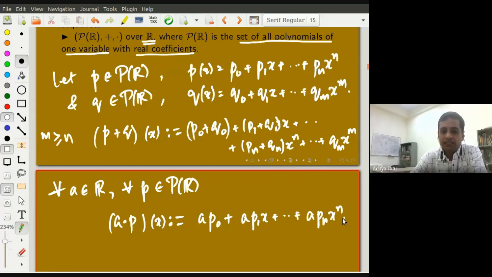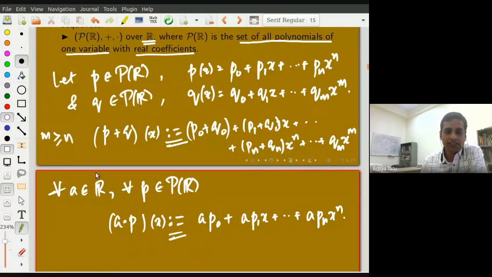So I hope this notation is clear to everyone. This notation means whatever is on the left is being defined according to whatever is on the right-hand side. Are all of you familiar with this notation? Yes. Okay, great.